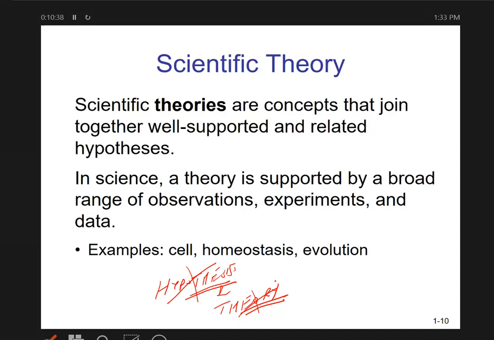So basically there are lots of theories: the cell theory, homeostasis, evolution. We'll talk about all these terms, but basically the cell theory is that all living things are made up of cells. But like I said, science is changing so fast that now when we talk about prions, hopefully we'll talk about this sometime later, prions are basically rogue proteins, proteins that have gone rogue.